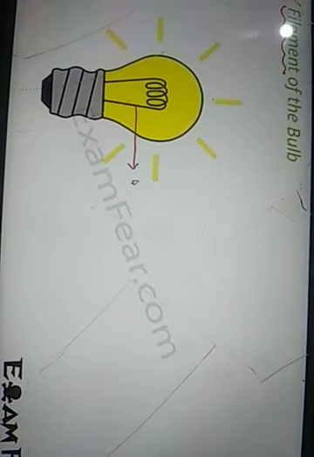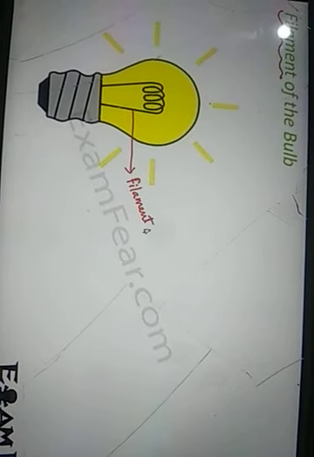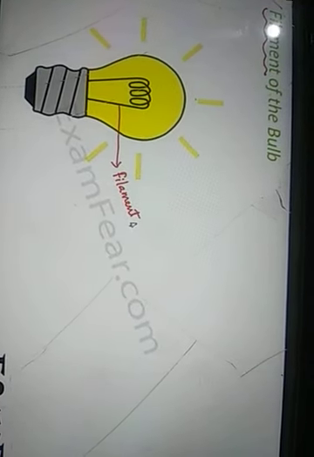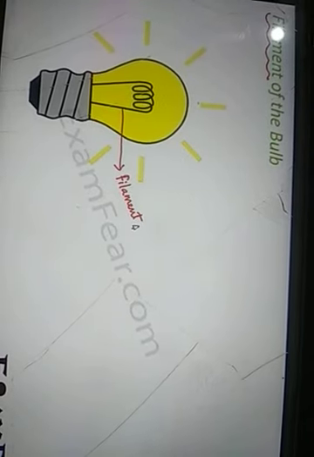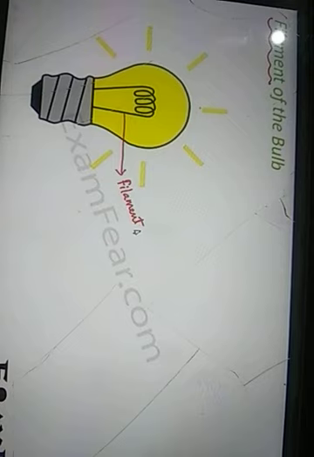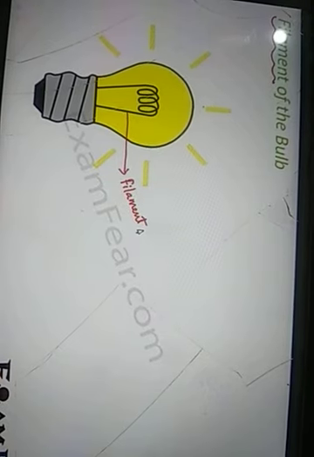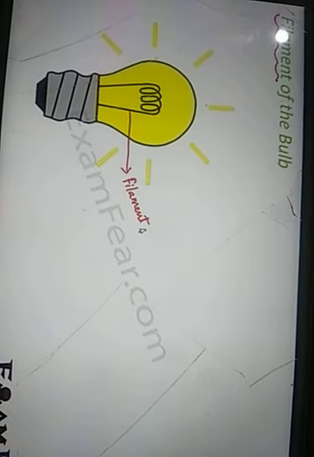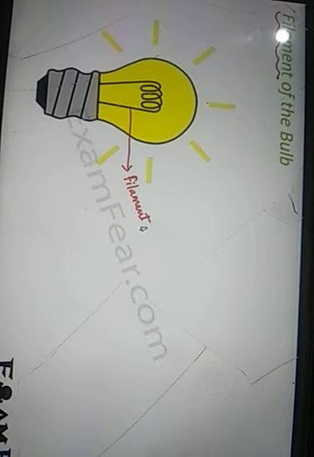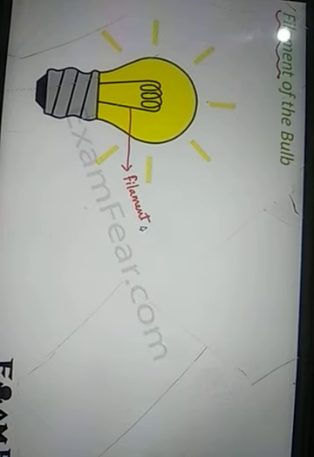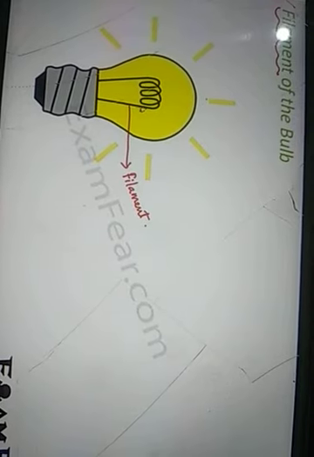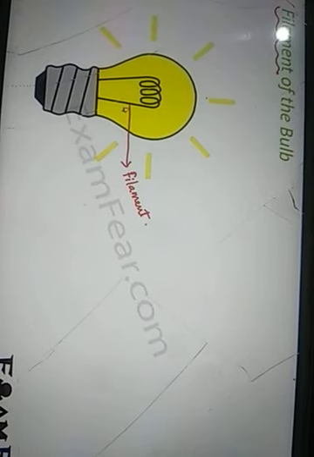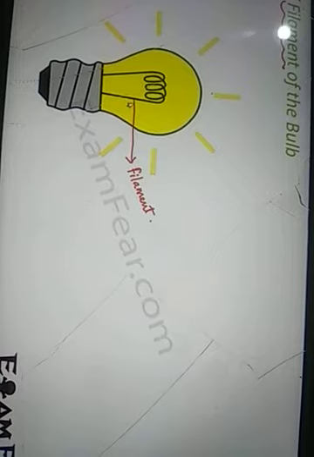This wire is nothing but the filament, and this filament is made up of a material which when heated produces sufficient light. Now, any metal needs to be heated sufficiently before it starts emitting visible light. In that case, we just cannot use any metal as the filament of the bulb, because most metals, when we start heating them, melt after a certain point of time.